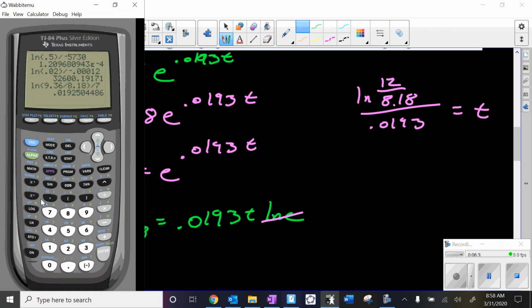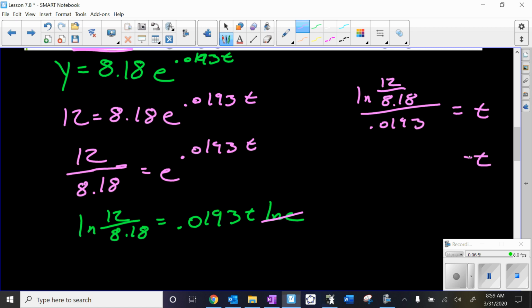We can plug this into our calculator. Natural log of 12 divided by 8.18, close that off, divided by our rate, 0.0193. It's going to get us very close. We're going to round this up to about 20 years.